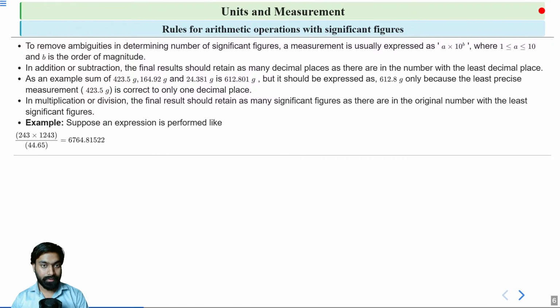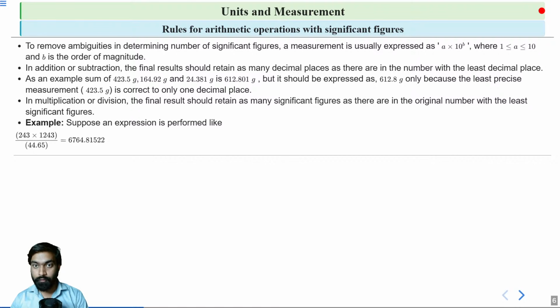This is equal to 6764.81522. First, let's count the significant figures. 243 has 3 significant figures, 1243 has 4 significant figures, and 44.65 has 4 significant figures.